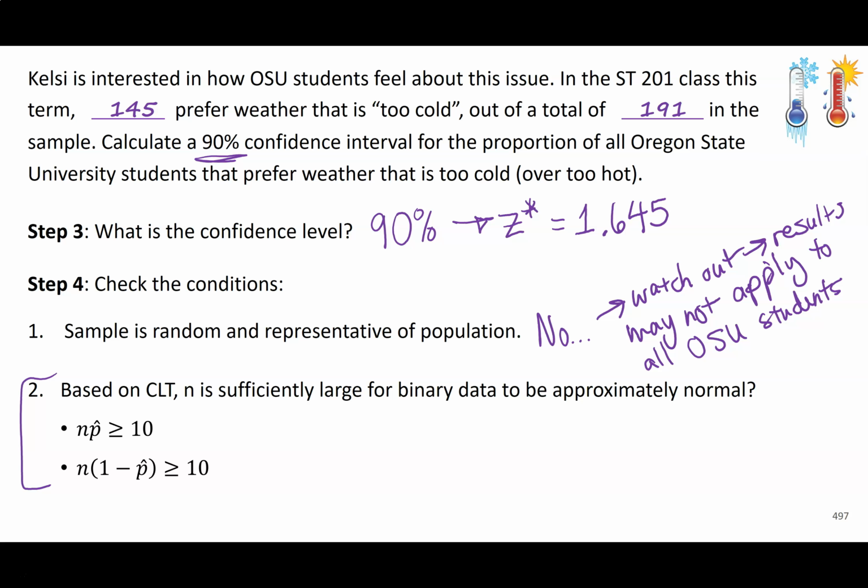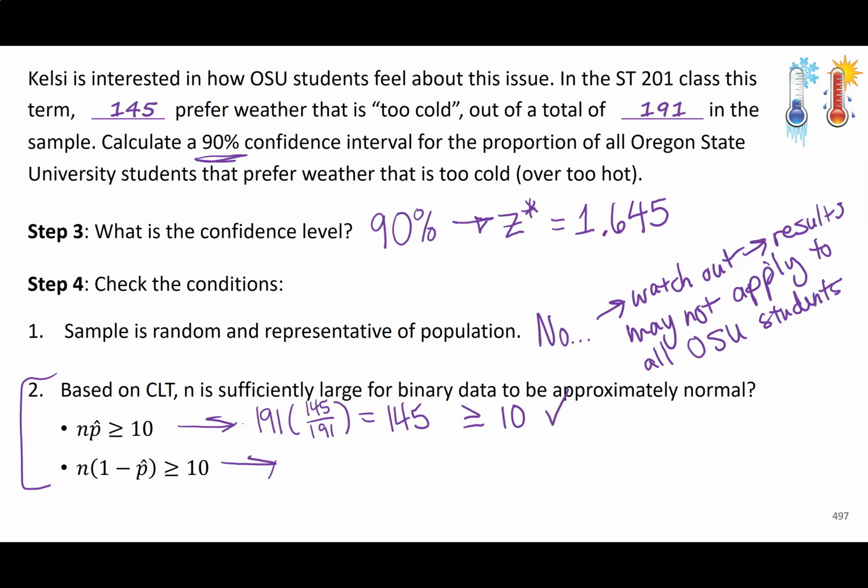So now, if I plug in, I have 191 folks times my p hat, so that's 145 over 191. That's just going to give me the number of successes that I started off with, and that's definitely at least 10. 145 individuals preferred too cold. That's definitely more than 10.